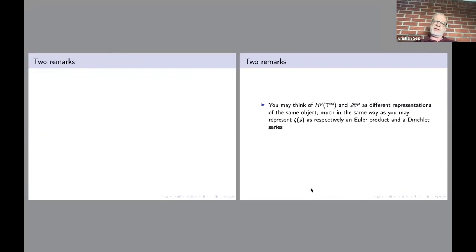One of the representations stresses the multiplicative point of view, and the other stresses the additive structure of the integers. I think this is a good way to think of these different ways of representing the same object.